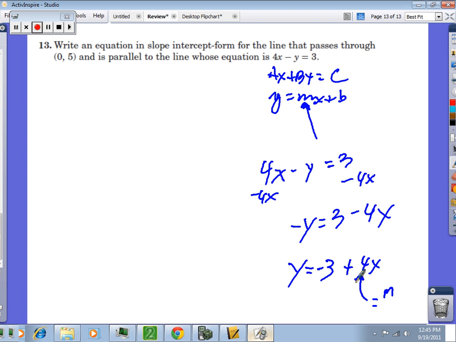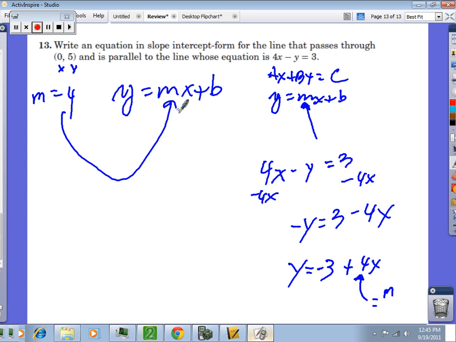So what's our slope if ours is parallel? So our slope is also 4. Now our line goes through this dot. This is a x and a y. So plug everything into y equals mx plus b. The m, the 4 goes there. The 0 is going to go here. And the 5 is going to go here.